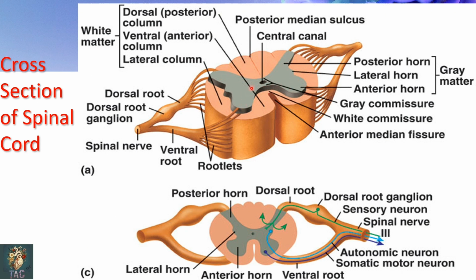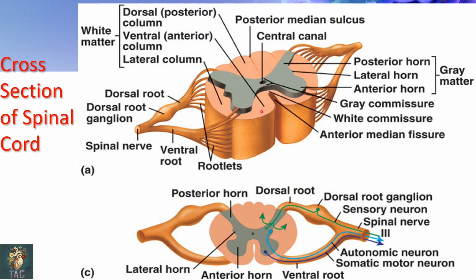Behind the gray matter, this area is called the dorsal column, and again this dorsal column is divided into two parts: fasciculus gracilis and fasciculus cuneatus. These are the two basic divisions of the dorsal column. Between the two tips of the butterfly-shaped gray area is the lateral column, and between the anterior tip of the anterior horn and the anterior median fissure, we have the anterior white column.